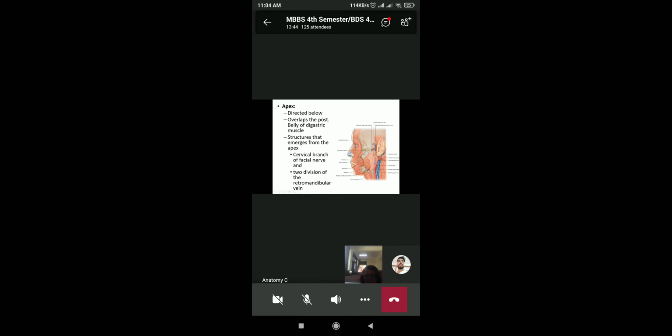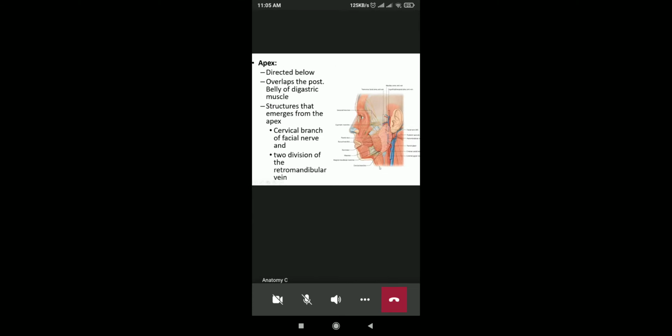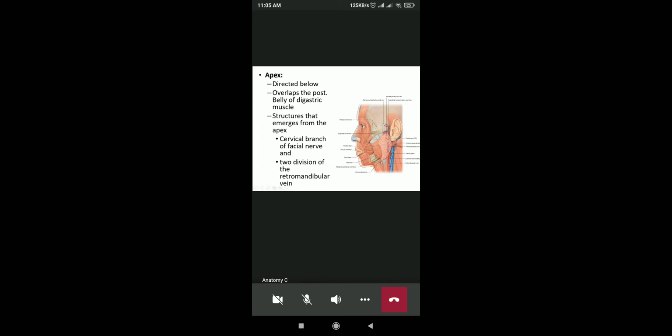The structures that emerge from the apex are the cervical branch of the facial nerve, and the anterior division and the posterior division of the retromandibular vein. So they are directed towards the apex of the parotid gland.